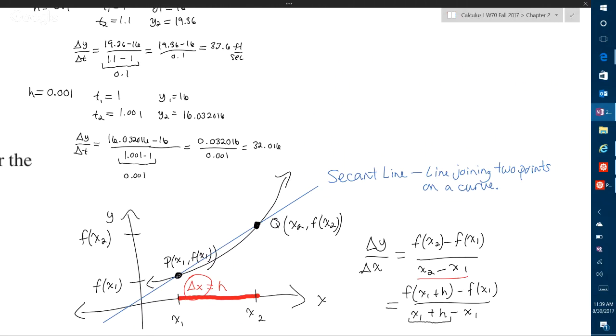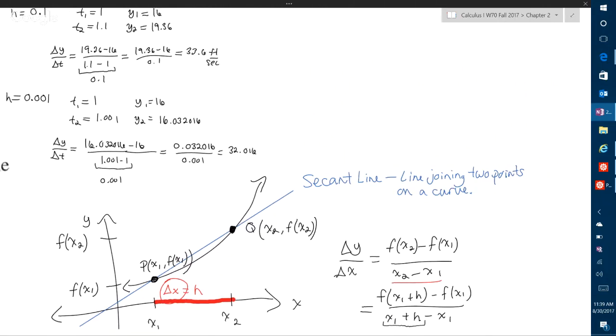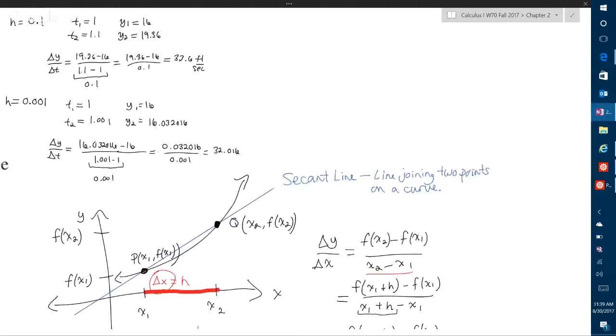Now this secant line, it is a line. It has the properties of a line, meaning it has a slope. You all are familiar with the concept of slope. Essentially, when we do this, this equation should look very familiar from college algebra. This is the equation for the slope of a line through 2 points.